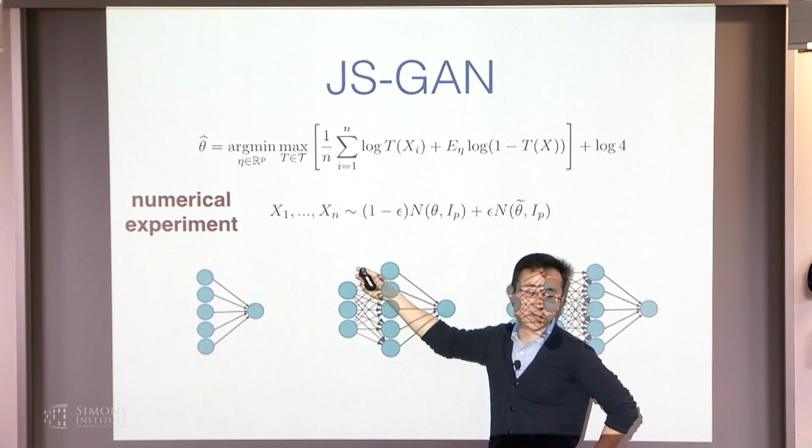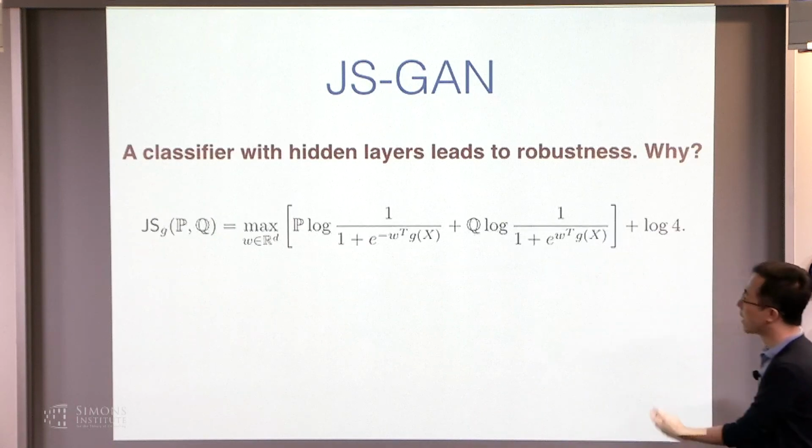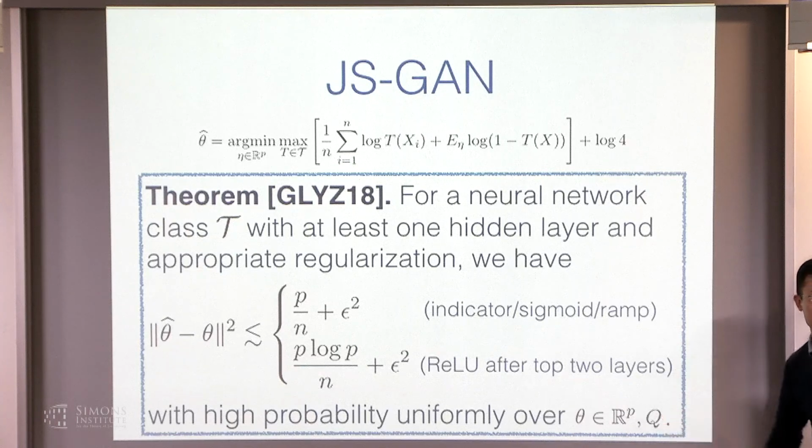I have done this numerical experiment, and here's my observation. But later, when I prove the theorem, that's for any contamination. Oh, I see. So when you implement it, the generator is a mixture of 2 Gaussians. Yeah, but for the theorem, it's anything. But the discriminator is a neural net for the theorem. That's right. But the generator is everything.